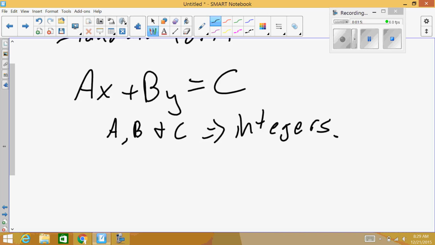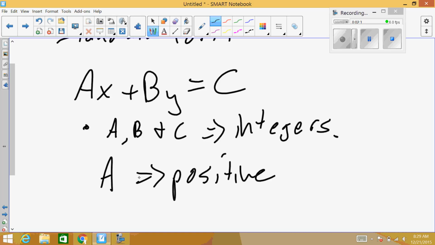They have to be whole numbers or their opposites. So 0, 1, 2, 3, 4, and so on, or -1, -2, -3, -4, and so on. The other stipulation was that a had to be positive. So those were our two stipulations on standard form.